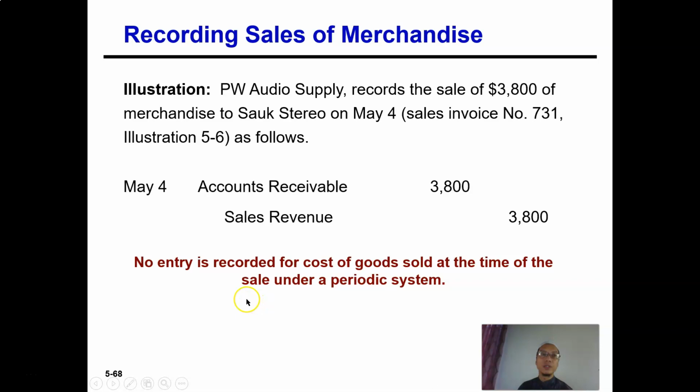Okay, so it is simpler in this sense. The periodic system is simpler for sales transactions because we only do one set of transactions, whereas in the perpetual system we need to do two sets of recording.